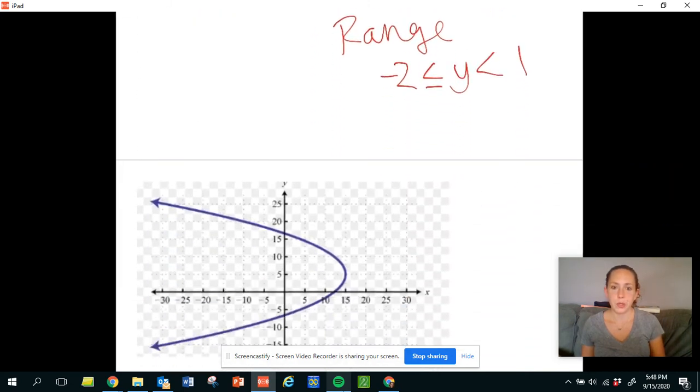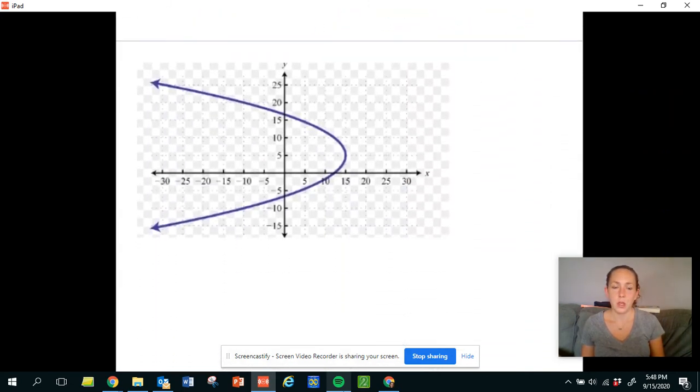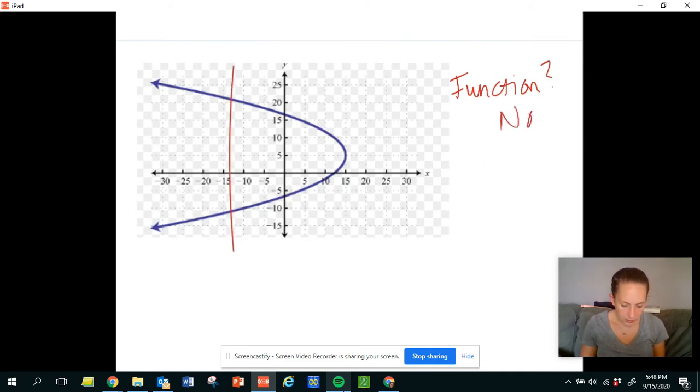Okay. So here's another one. Is this one a function? Well, no, it is not, because there are several places where I can draw a vertical line and touch more than once.